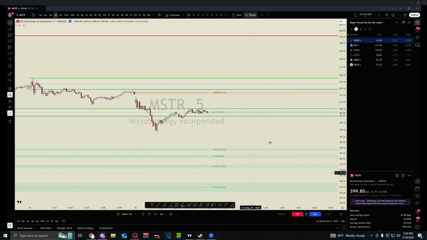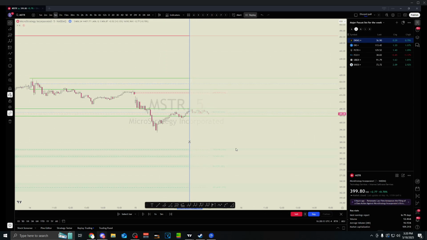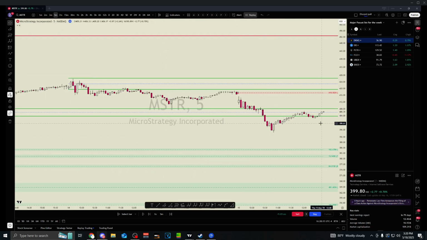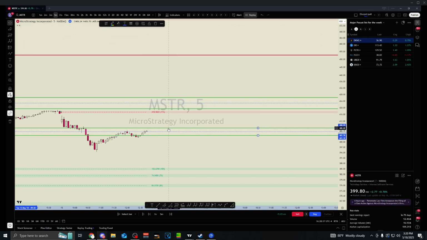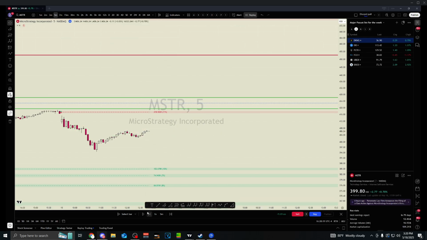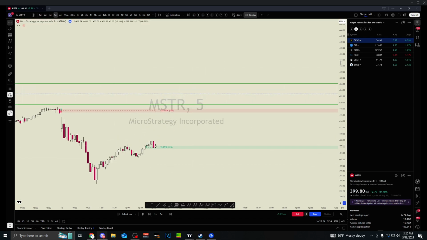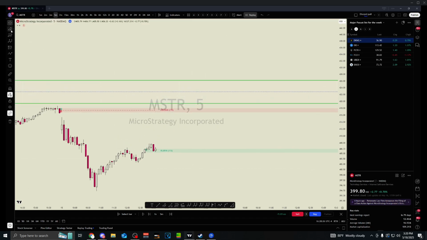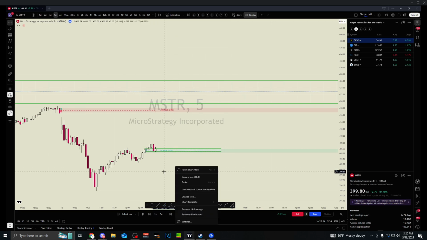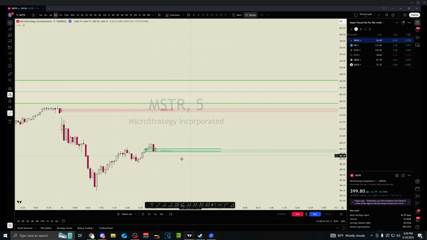So always wait for the confirmation. Don't jump in as soon as you see the order block, right? So on this scenario as well, this block shows you the confirmation, or this block shows you there is a buy, right?